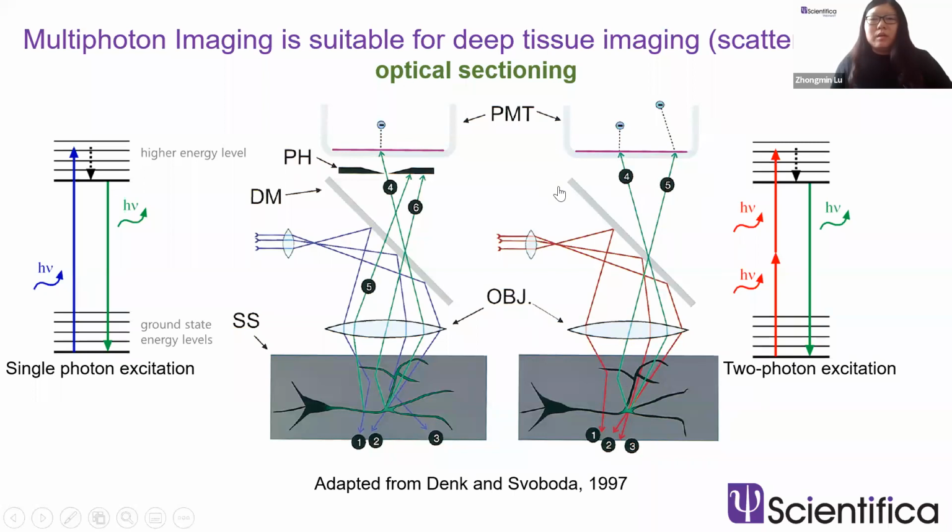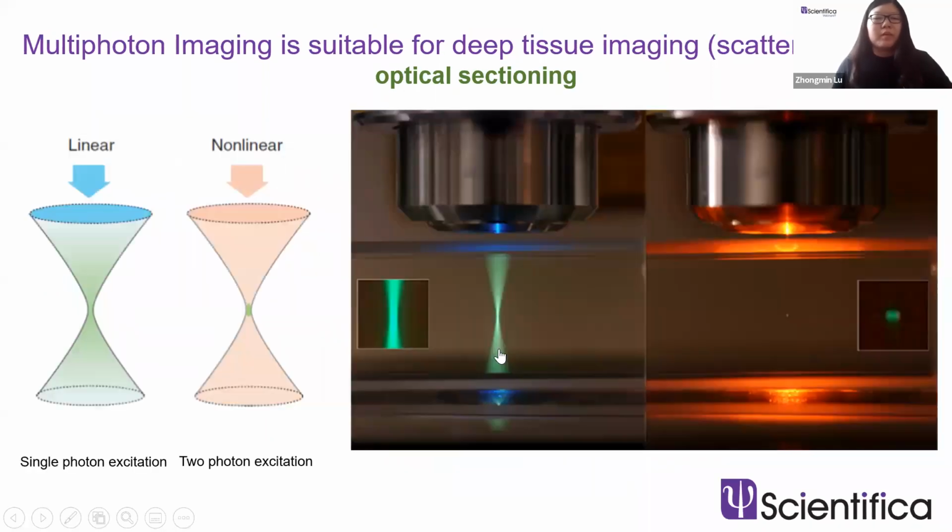So to have the maximum signal to noise ratio, the only thing you need to do is make sure that these PMTs, these detectors, have the maximum efficiency of collecting as many emitted photons as possible.